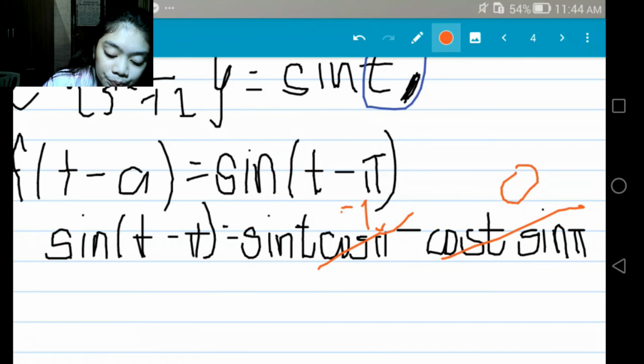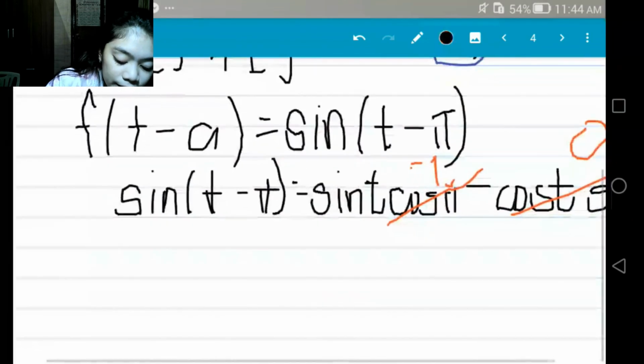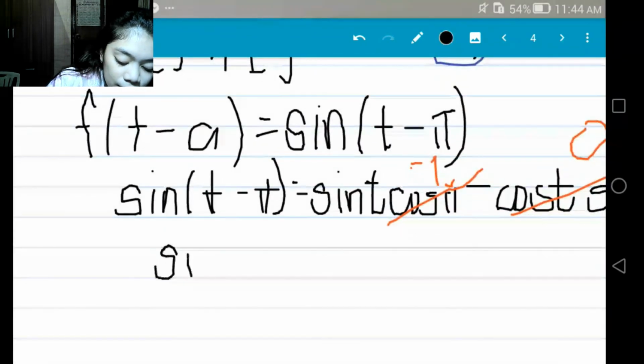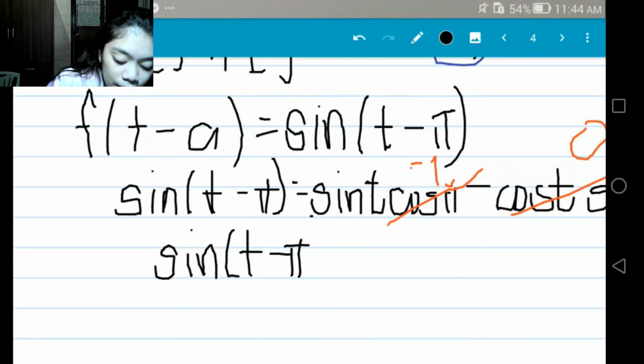With that, we can write sine of t minus pi as negative sine t.